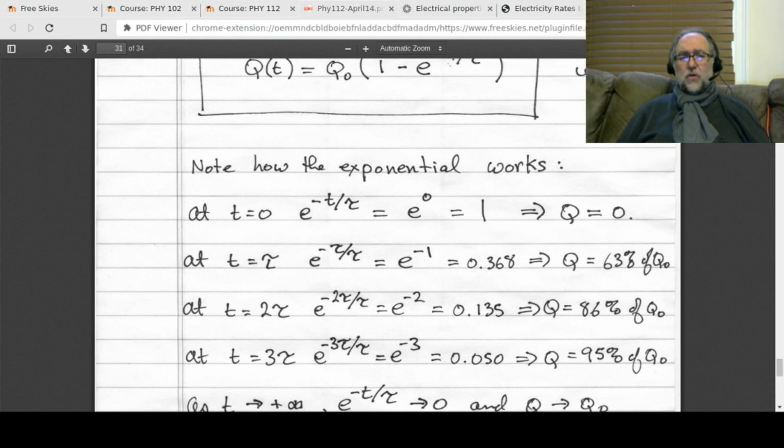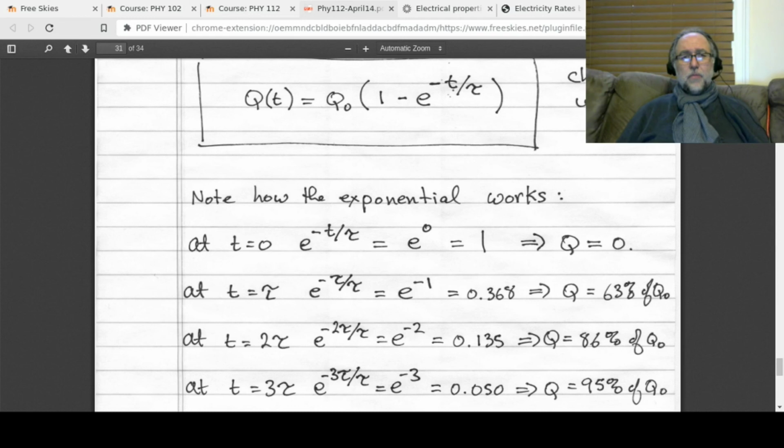So if you start at t equals 0, let me just scroll down a little bit more. If you start off at t equals 0, you see that e to the minus t over tau, you're going to put in 0 for time, t. Well, 0 divided by tau is 0. Tau is not 0, so it's just some number. So 0 divided by some number is 0. So e to the 0 is 1. You take any number and raise it to the exponent 0, it is equal to 1, and e is no different.